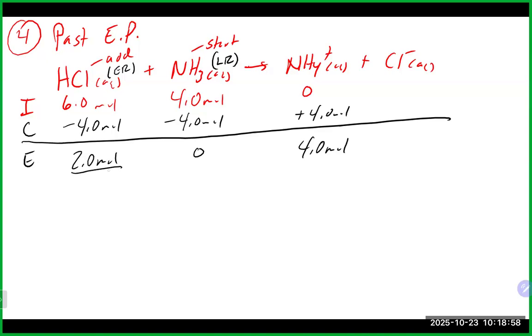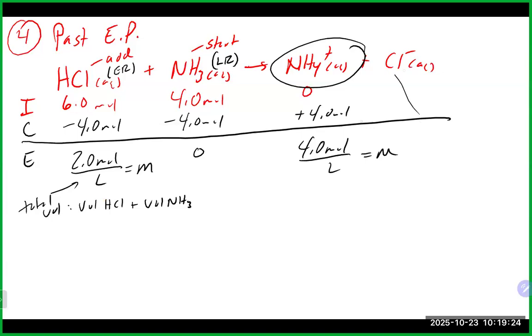We're going to convert back to molarity at this point. That's our total volume, which is the volume of HCl we added plus the volume of the NH3 that we started with, converted to liters. At this point we have a couple things left over, really 3, but we're not worrying about that.